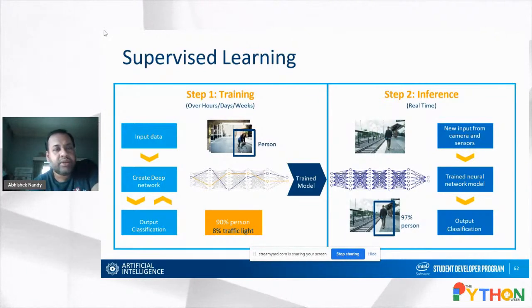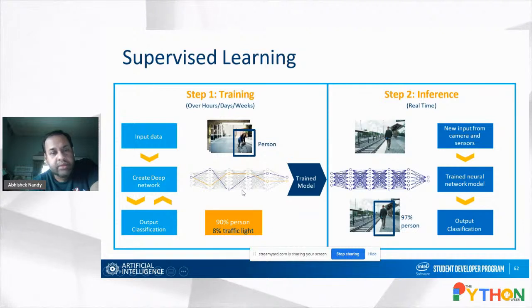Okay. So, supervised learning. If we just focus on this particular image that is being given, here comes a scenario where we have to find out how the data is being worked upon and what are the things that are there in a particular snapshot. If we have a camera fitted in a particular place and we are analyzing the data, say we have created a neural network, as you see in this option over here, and I say that this particular person is a cyclist, it goes to the neural network and identifies that this particular person is a cyclist.